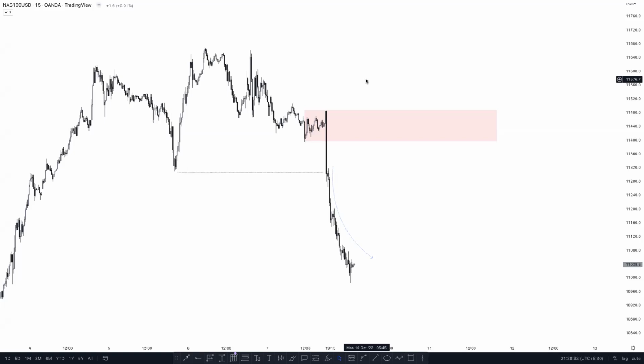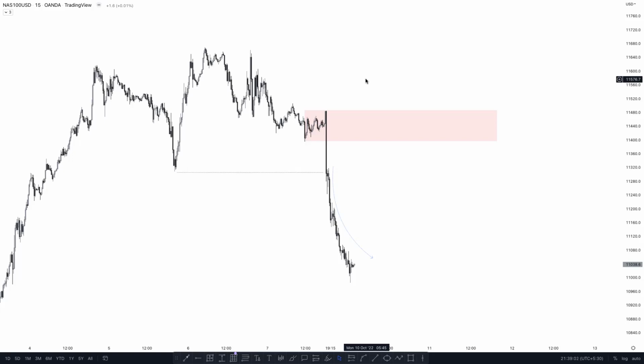Gold, okay. Bitcoin, EU, US 30, okay. XTI, okay. BTC ranging. NAS 100, ETH, Ethereum, oil, okay.